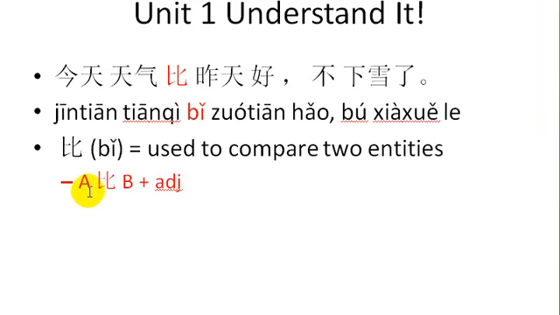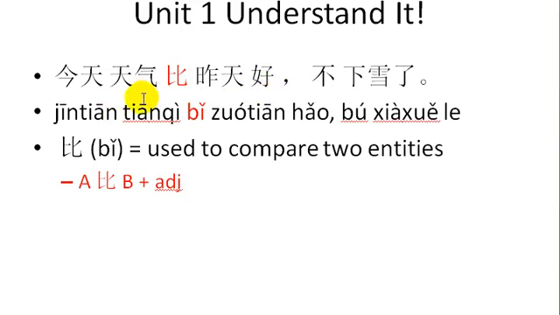First, they take the two things you're comparing. In this case, A is today, and B is yesterday. So first they take the two things they're comparing, today, 比, yesterday. And then they add the adjective, whether they're going to say it's better or it's worse. So in this case, it's better because we have 好.